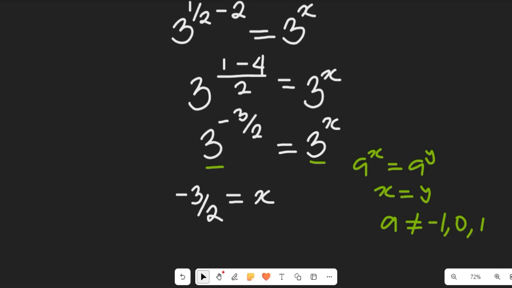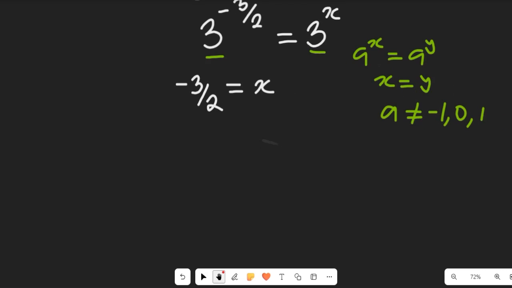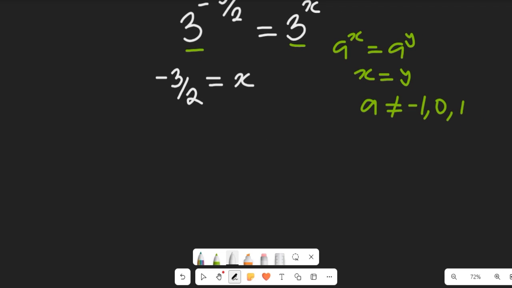So the value of our x from that expression, if I cross multiply, I'll have 2 multiplied by x equal to negative 3.